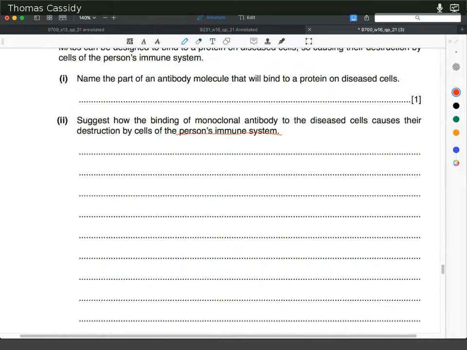So if we understand that, generally speaking, our own antibodies that we have will recognize antigens on pathogens. So say it's a cold virus or something like that. And the cold virus looks like, I don't know, like this. It's got these things sticking out on the end.